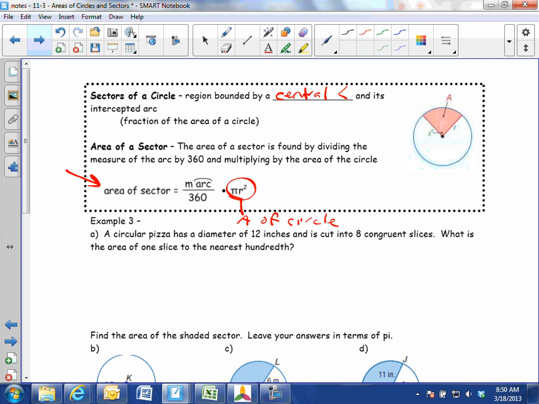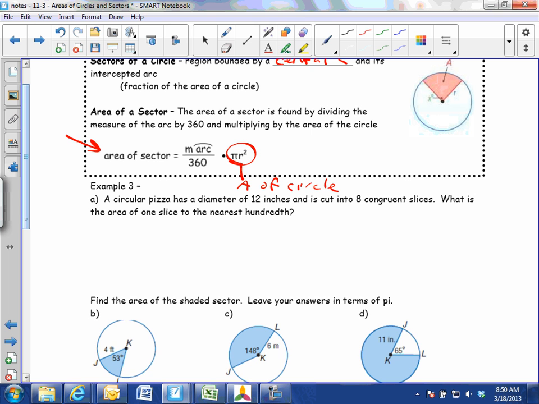Okay, example 3 says a circular pizza has a diameter of 12 inches and is cut into 8 congruent slices. What is the area of one slice to the nearest hundredth? I think we need to draw a picture.